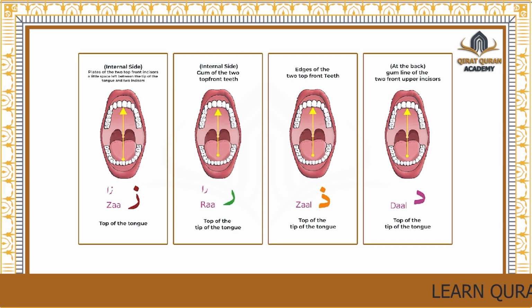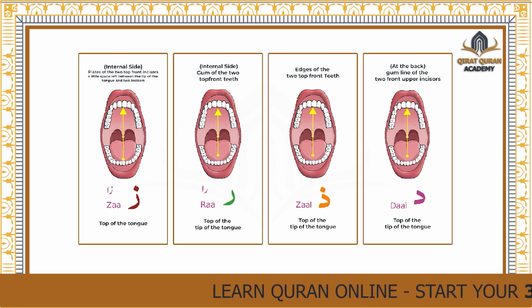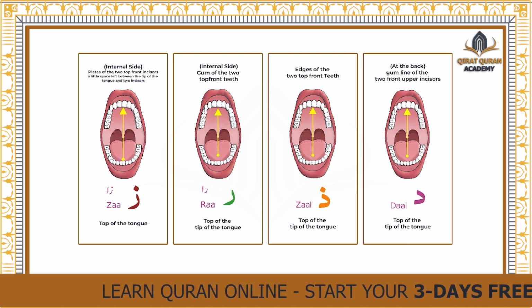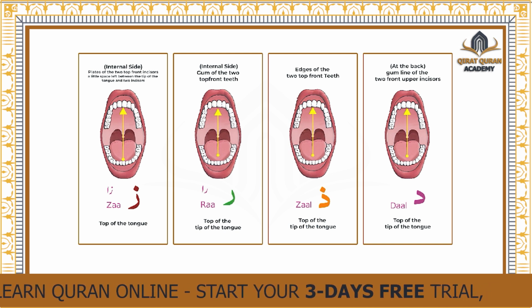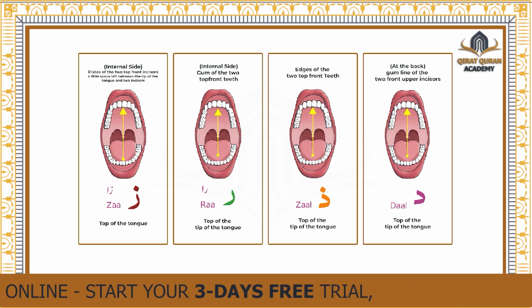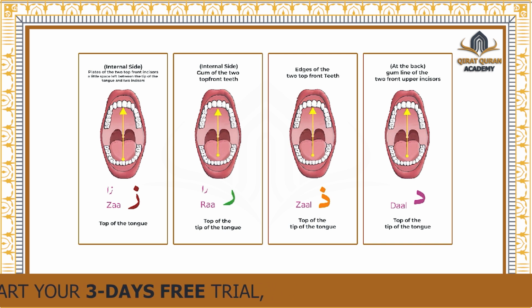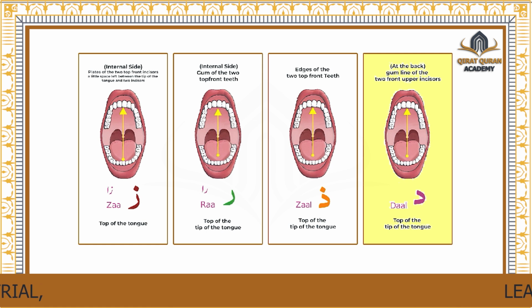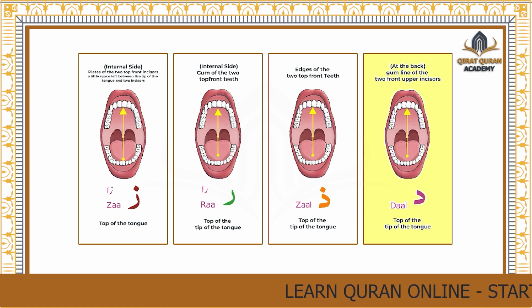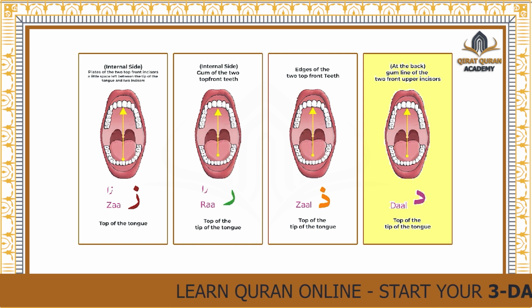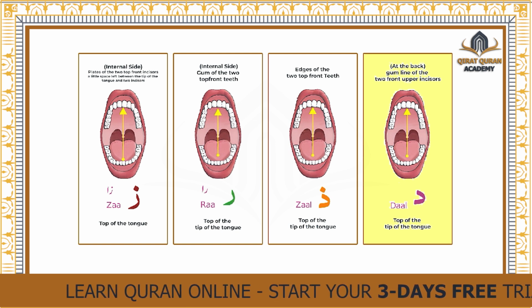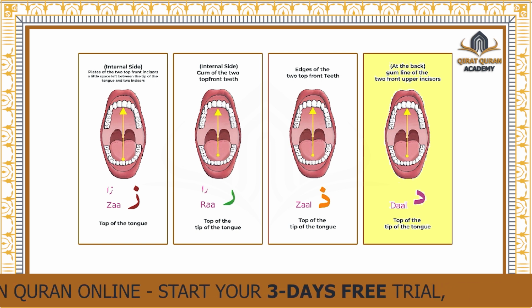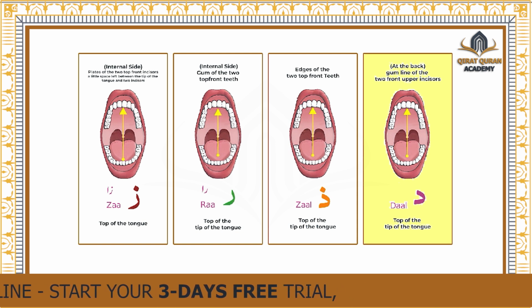Dal and ta have the same origin. In the first class I told you about the pronunciation of ta. In the case of ta, we touch the tip of the tongue to the internal gums of the upper two front teeth. So dal has the same pronunciation as ta. To pronounce da, we touch the tip of the tongue to the gums of the back side of the upper two front teeth.